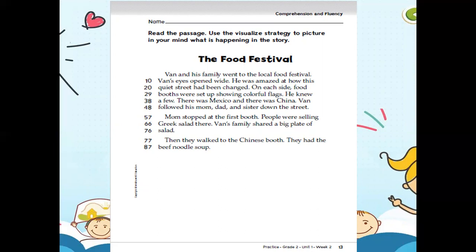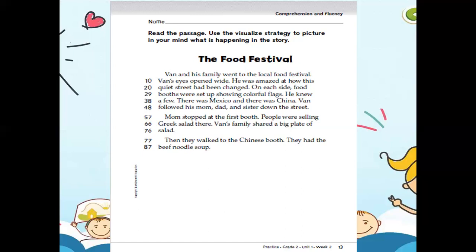So, the food festival. Van and his family went to a local food festival. Van's eyes opened wide. He was amazed at how this quiet street had been changed. On each side, food booths were set up showing colorful flags. He knew a few. There was Mexico and there was China.